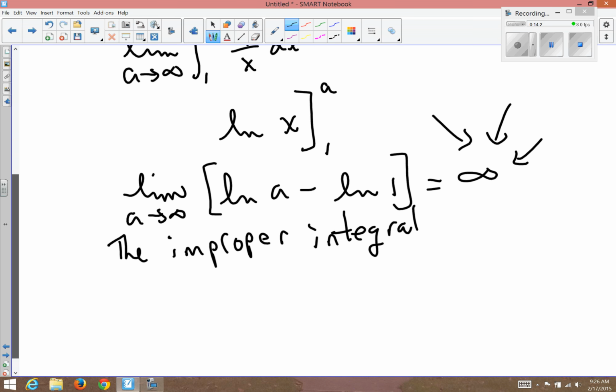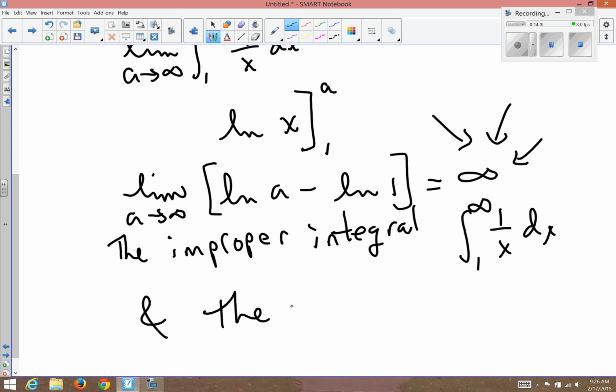When I say the improper integral, I'm talking about the integral of 1 over x dx from 1 to infinity. And the series sigma 1 over n, n going from 1 to infinity. The integral test says that both of these do the same thing.